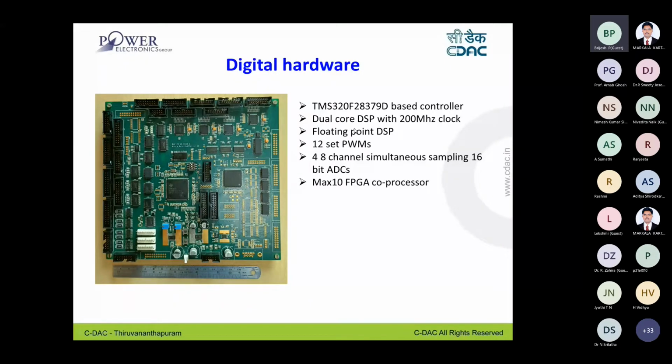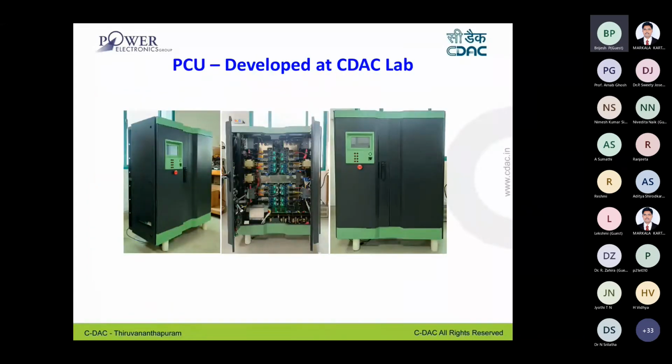In this dual core, with one core we are producing all the PWM signals and control signals, and the second core is dedicated to user interface and communication with the microgrid manager. Now this is the PCU developed at CDAC lab.